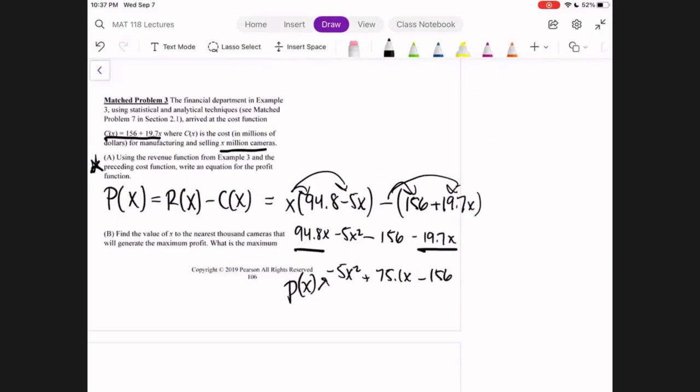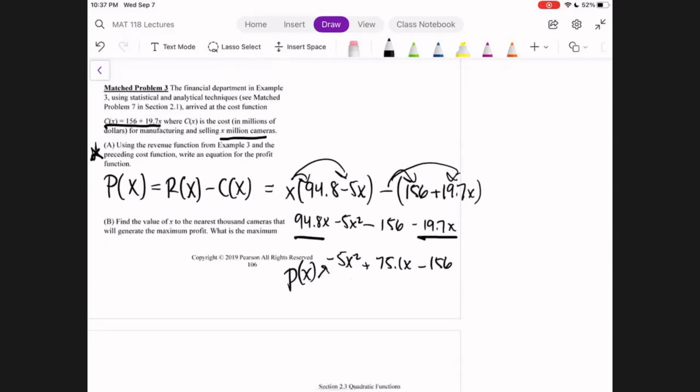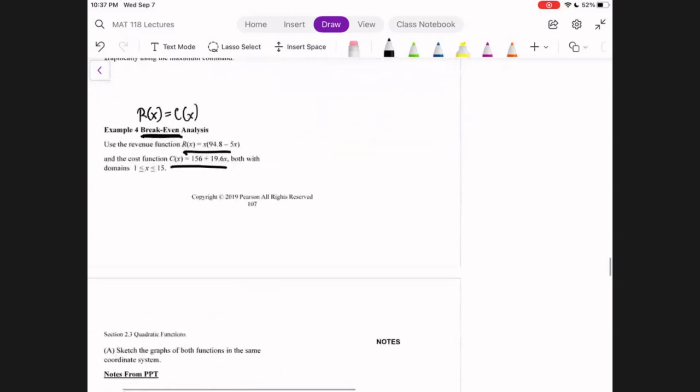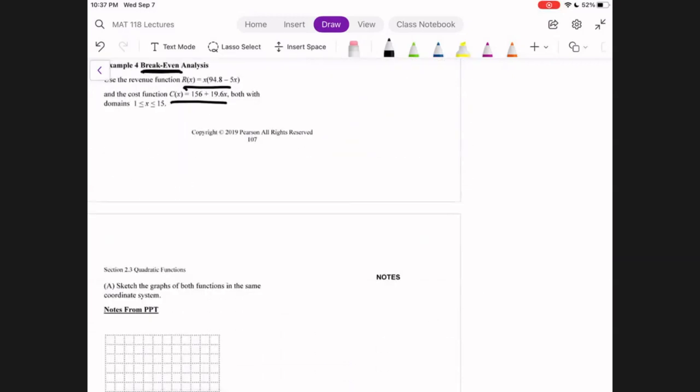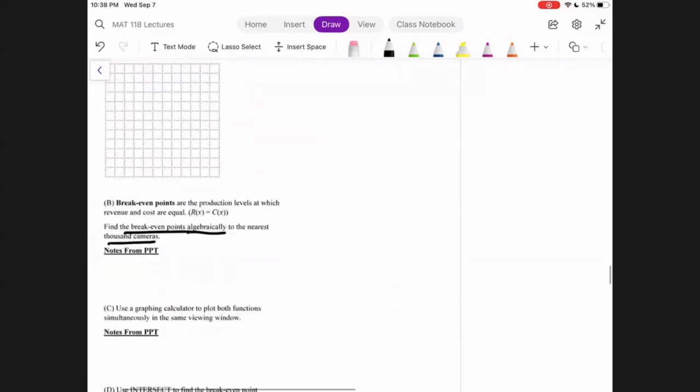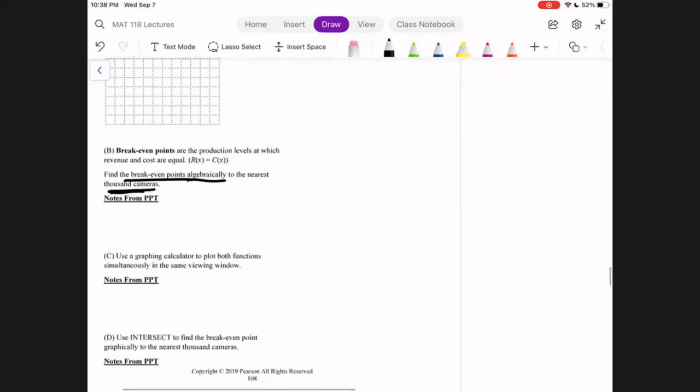Oh, this is a hot mess. So as you see here, this should be, not thousands, it should be millions, to match up. So typically whatever your X is and your cost will be the same for your revenue and everything, because they all have to have the same units. This should be millions of cameras, but we're not going to complain. People make mistakes when they write up these things.